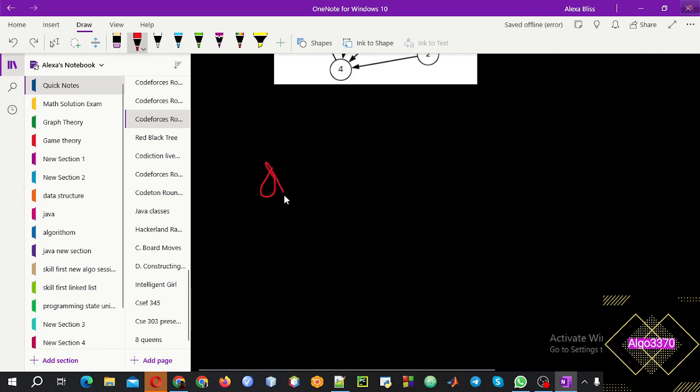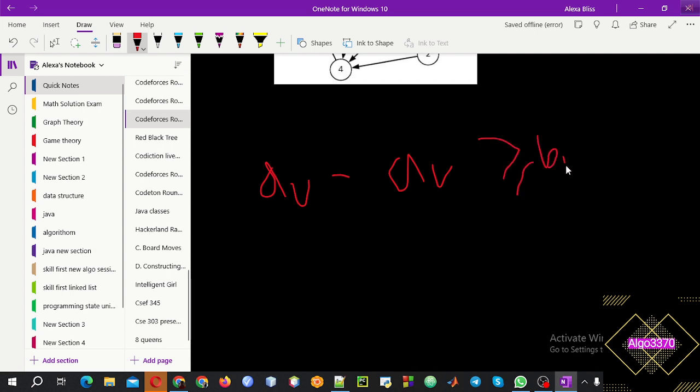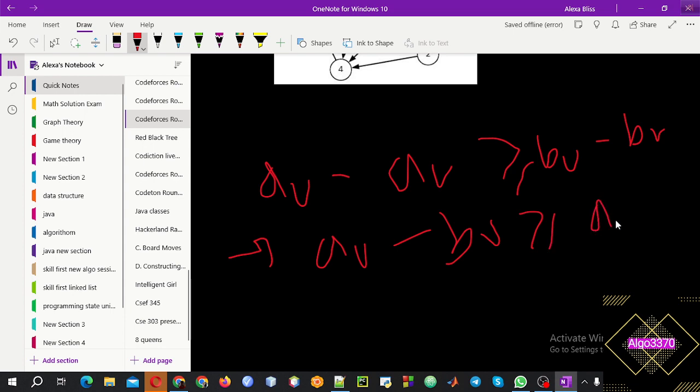This condition is A_u minus A_v is greater than or equal to B_u minus B_v. We'll take an updated version of this condition: A_u minus B_u is greater than or equal to A_v minus B_v.